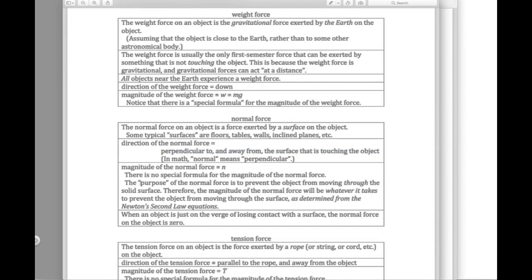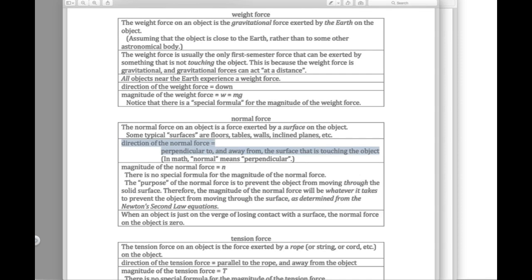So if you keep in mind that the purpose of the normal force is to prevent the object from moving through the solid surface, then it should make sense to you that the direction of the normal force is perpendicular to and away from the surface that is touching the object. Remember, memorize this rule for the direction of the normal force.